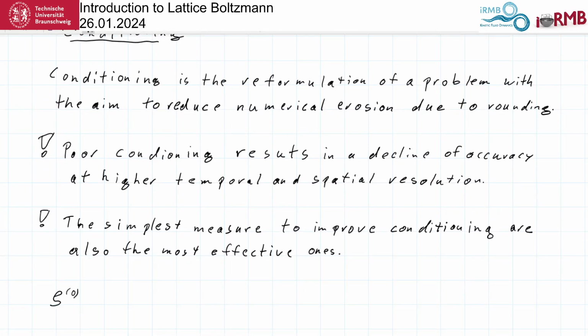So now we start with the most effective thing of all of them. And that is, we look at this rho 0. Rho 0 is a constant. Why on earth do we store it? So rho 0 is by definition constant. So this is the single most important thing to do, to get rid of this.